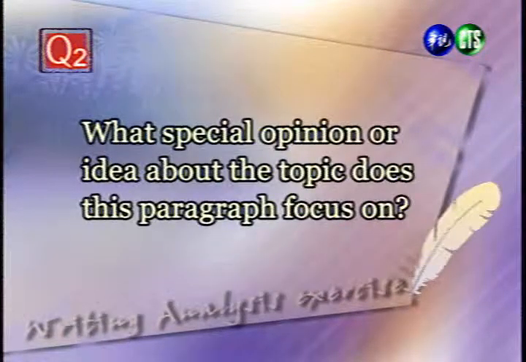So now that we know that the topic of our essay is Jenny Lee's life, the next question to ask is what is the controlling idea of the topic sentence? If we take a look at question number 2, it says, what special opinion or idea about the topic does this paragraph focus on?